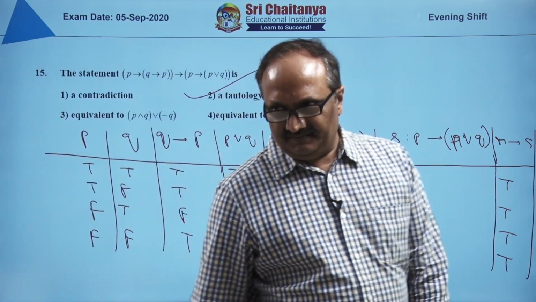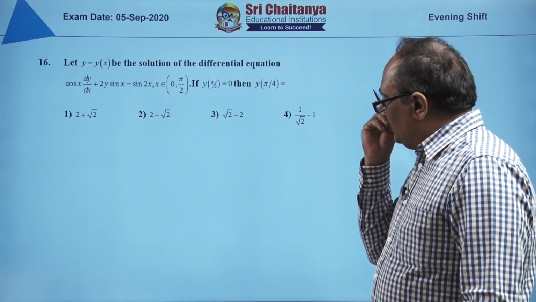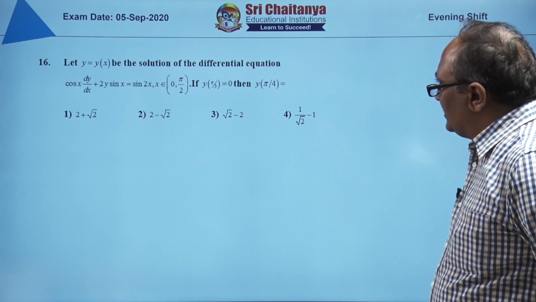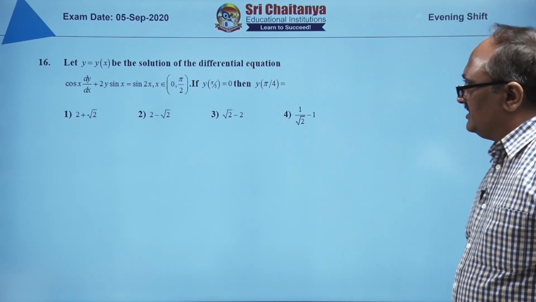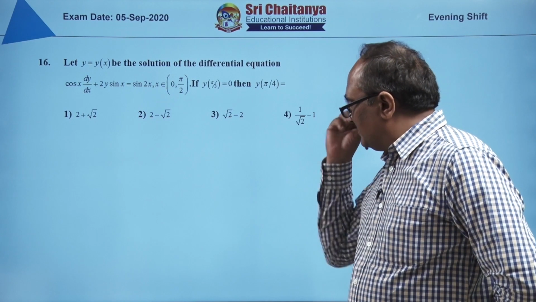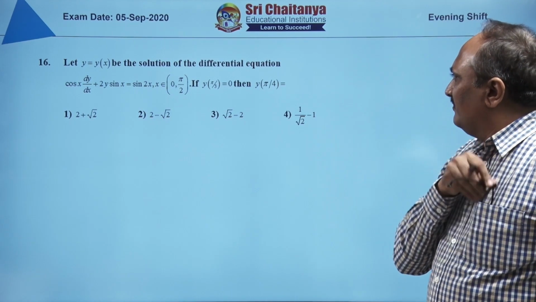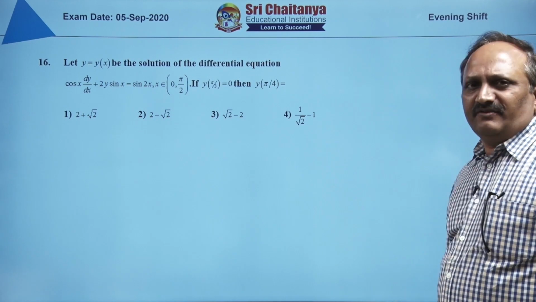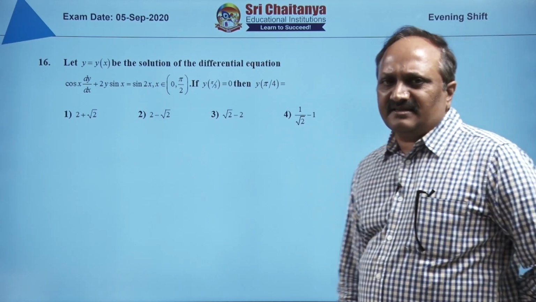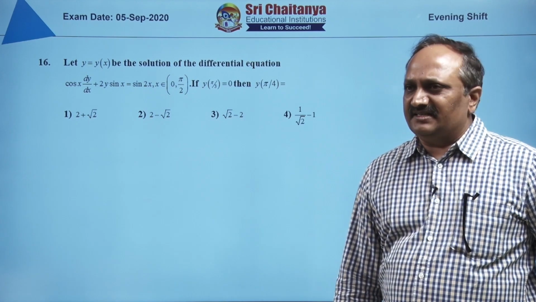Coming to the next question, y equal to y of x is the solution of the differential equation cos x into dy by dx plus 2y sin x equal to sin 2x, x belongs to 0 to pi by 2, y of pi by 3 is 0, then find y of pi by 4. And this is a classical example of a linear differential equation.